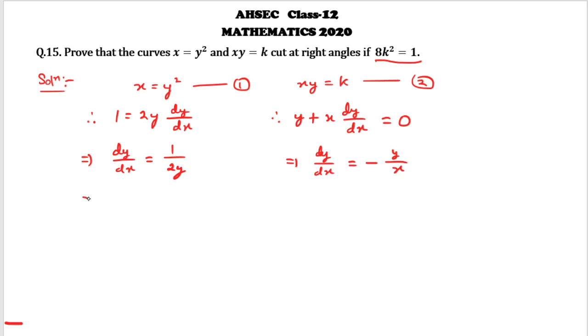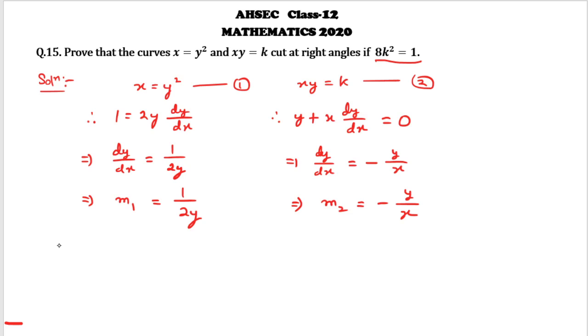So let us name the first as m1. This is the slope of the tangent of the first curve. Just name the second as m2, minus y by x. This m2 is nothing but the slope of the tangent at any point of curve 2.